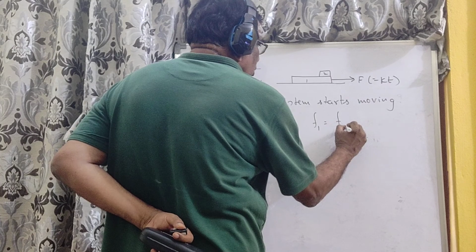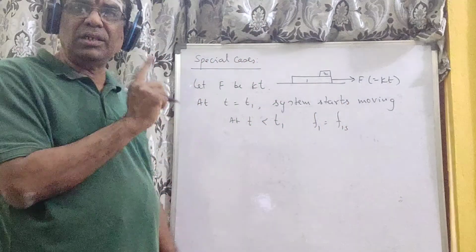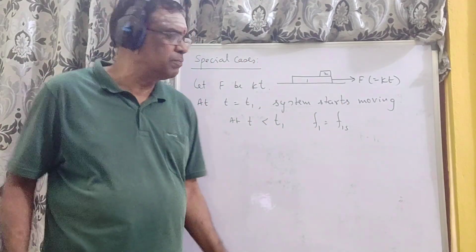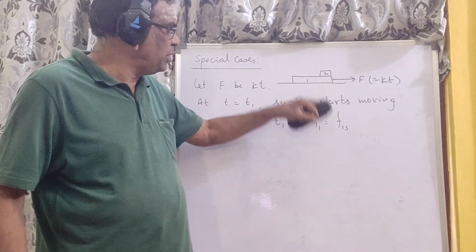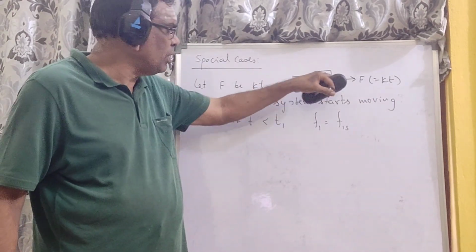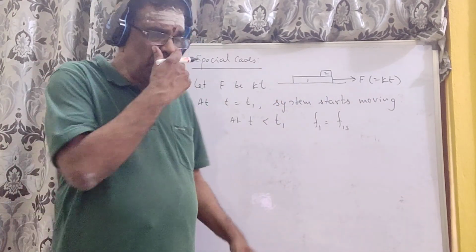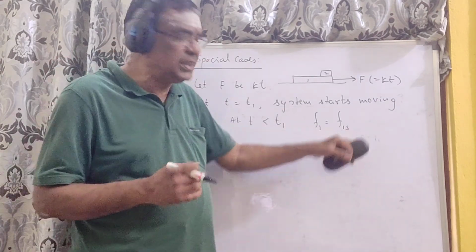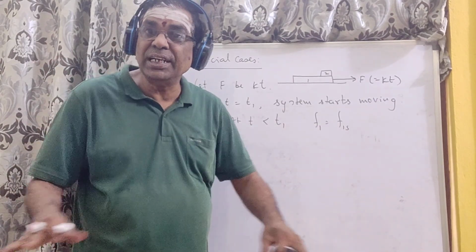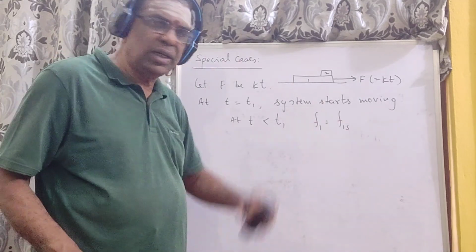I want you to understand this notation very clearly, my dear friends. F1 means this one. F2 means this two. And F1 static means there is no slipping.